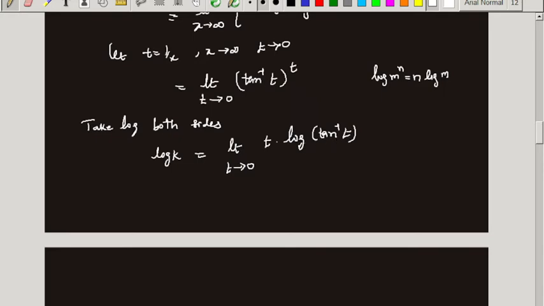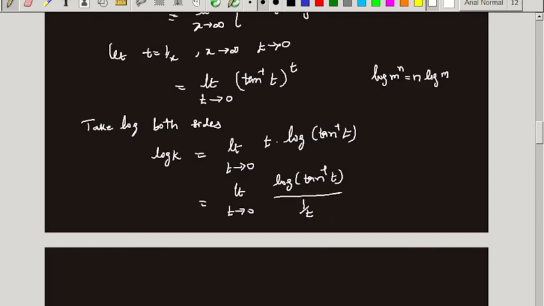So we do not have f of x by g of x. So we modify this. We write this as limit t tends to 0, log tan inverse of t as it is, and this t we write as 1 by t in the denominator.